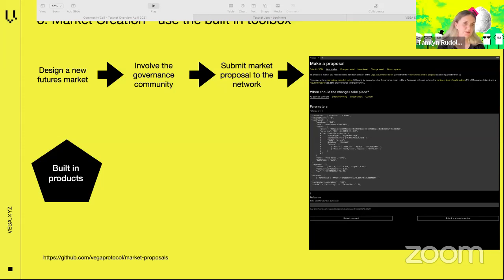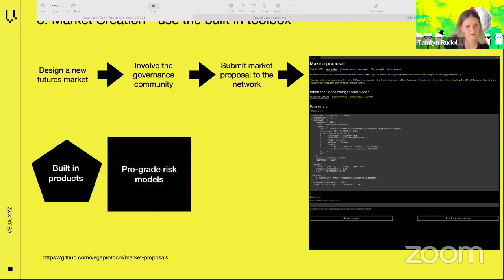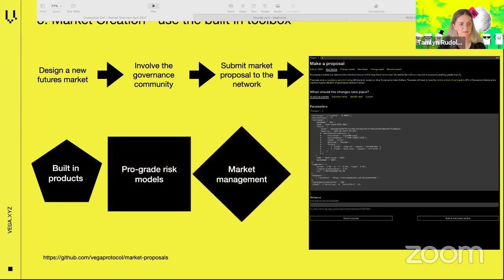So in order to utilize this, you really want to first, I think that the transitions are a bit funny. So the three black shapes here, they kind of encapsulate or represent really what this toolbox is. So Vega has built-in products.